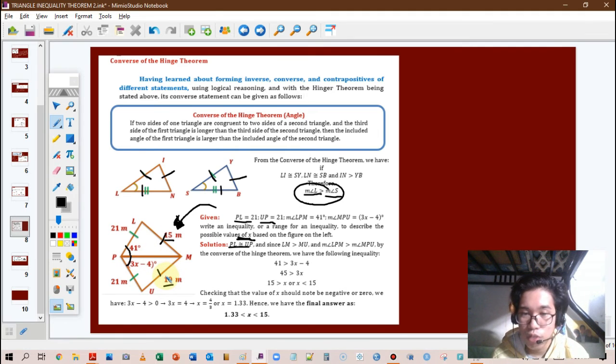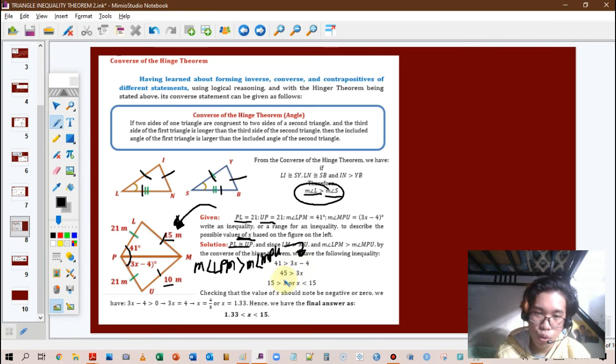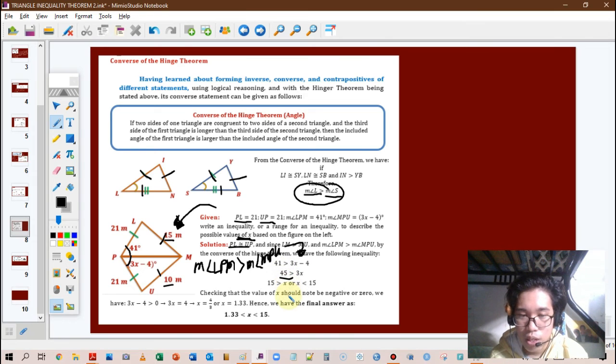Therefore, using the converse of the Hinge theorem, we can write the inequality 41 is greater than 3x minus 4. Solving for x, 41 plus 4, that's 45, is greater than 3x. Dividing both sides by 3, 15 is greater than x, or x should be less than 15.